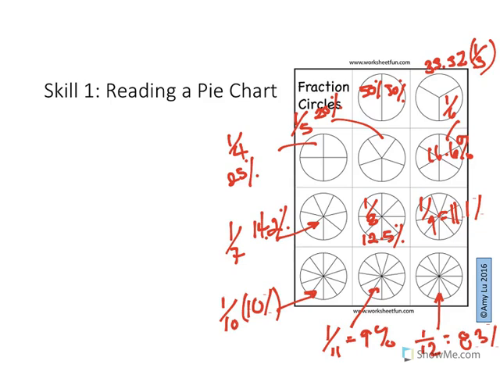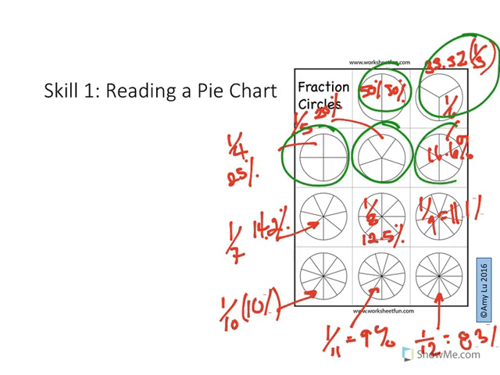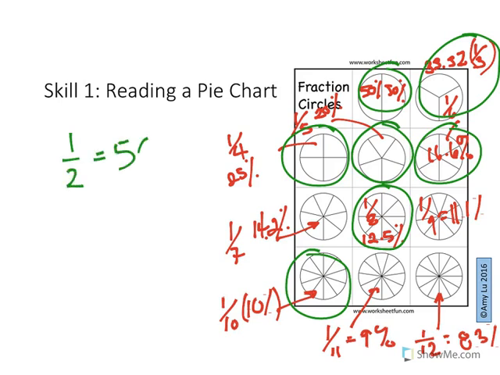The ones that should be automatic to you are halves, thirds, fourths, fifths, sixths, eighths, and tenths. So those are the ones I would recommend that you at least make sure you understand the fraction, such as 1/2, and its equivalent percentage, which is 50%, or 1/4, which is 25%. Okay?